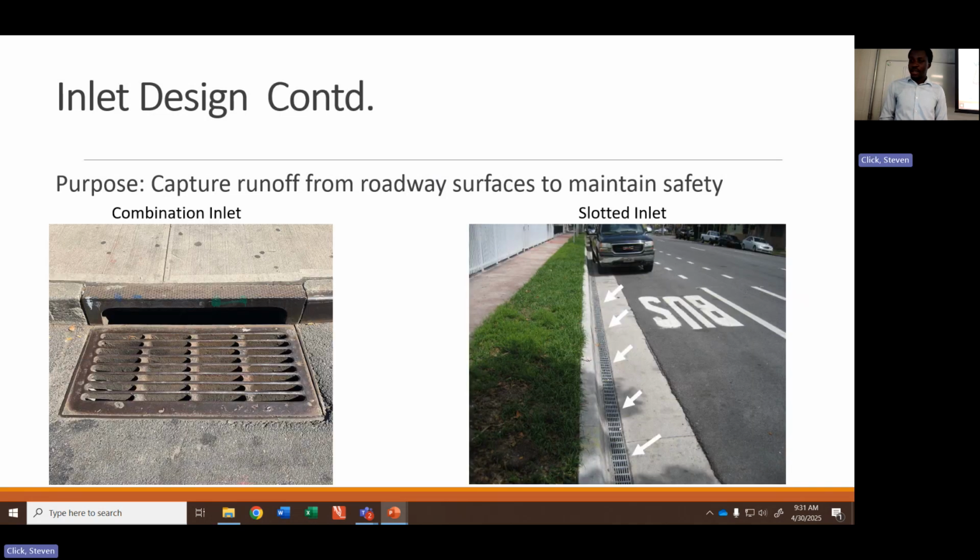And we have the combination, that's a combination of the curb opening and the grate inlets that provides more interception capacity. And we have the slotted inlets that are usually used for areas with less rainfall that needs to be intercepted, areas such as parking lots.